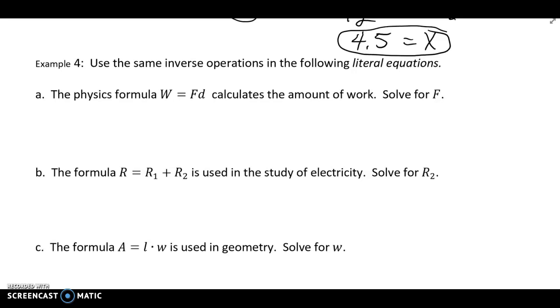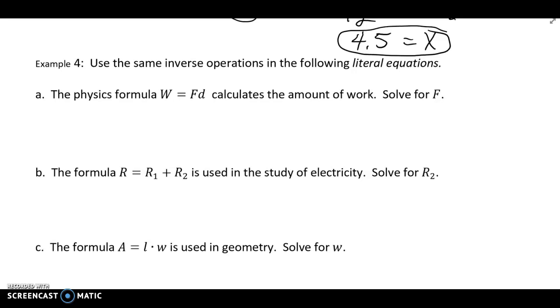So let's take a look at the first example here. We have W equals F times D. Again, it's multiplication since we do not see a symbol between the F and the D. And we want to solve for F. So that means we want to get F by itself.